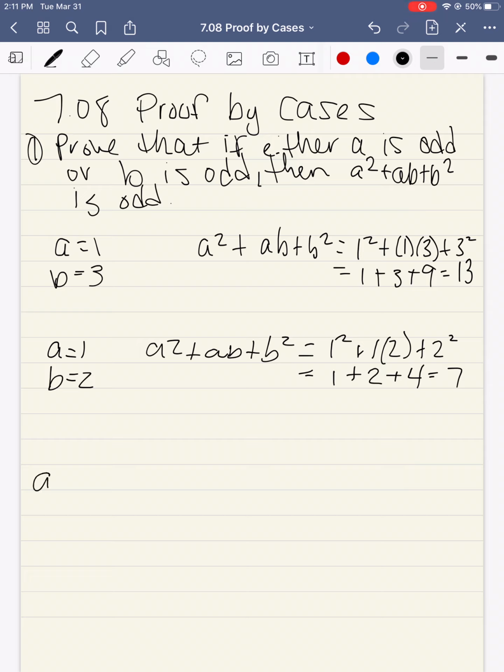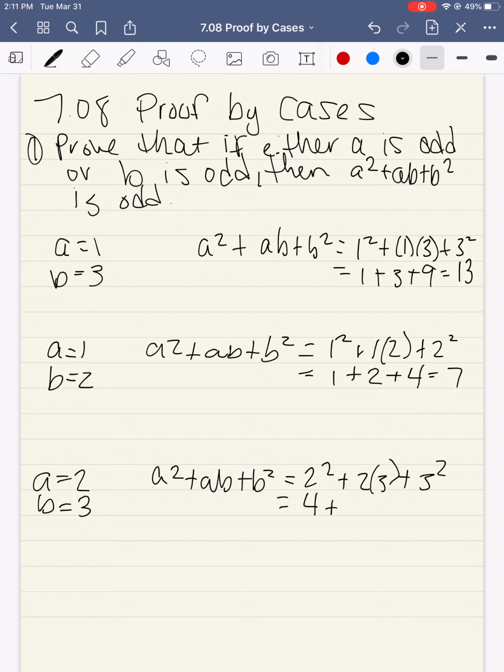What about when A is even, but B is odd? Two squared plus 2 times 3 plus 3 squared, 4 plus 6 plus 9. That gives me 19. Okay, so in all of these three separate cases that meet the definition of either A is odd or B is odd, we see that the expression here is odd.